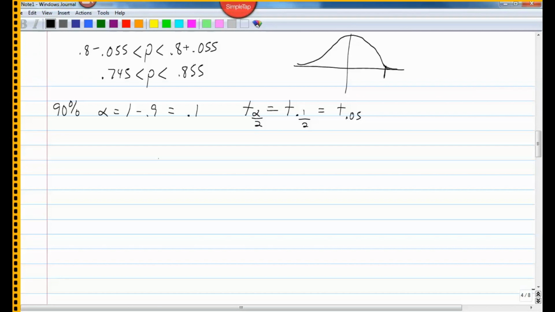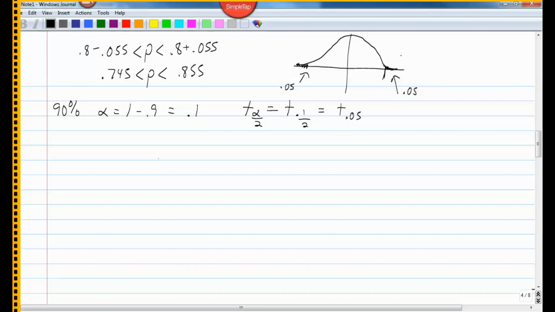So this actual area we want, 0.05, is in this one tail. And there's one over here as well, that's 0.05. But usually we're just dealing with this one.